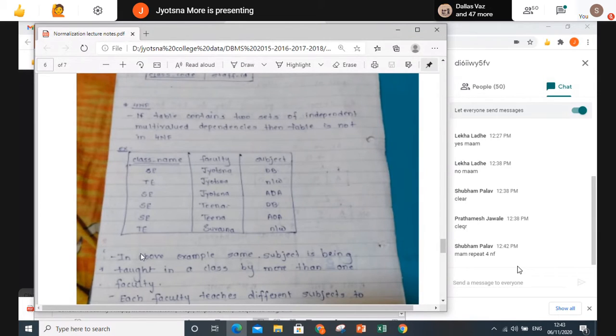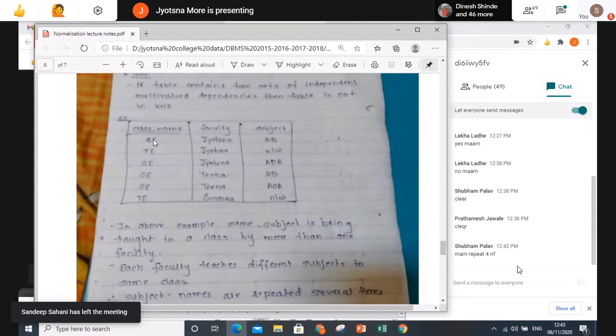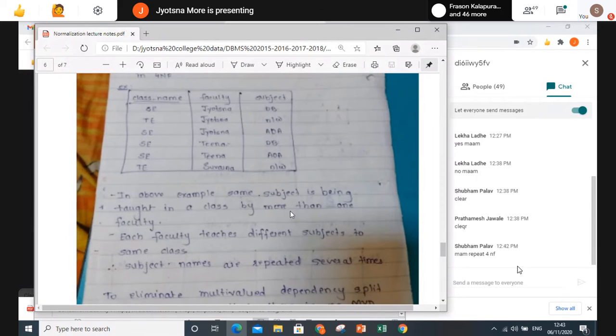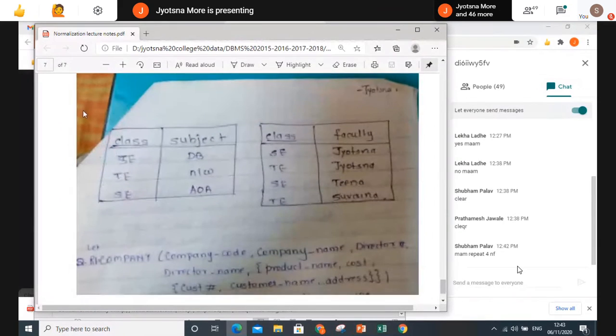So what I have done, class name I have divided with the faculty, and class name I have divided with the subject. So for that, if you are doing class name, how many class names I can put, or faculty I can keep separate, or subject I can keep separate, right? According to that, I have broken it into two tables, which are class with the subject, where subjects are unique and class is repeating, SE SE, but with this class, subject is different. So group is different, right?